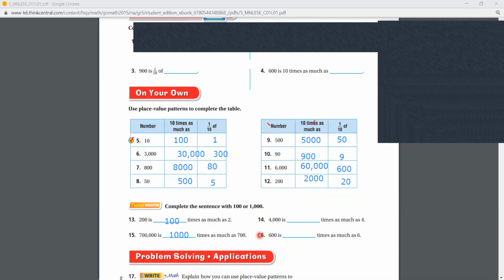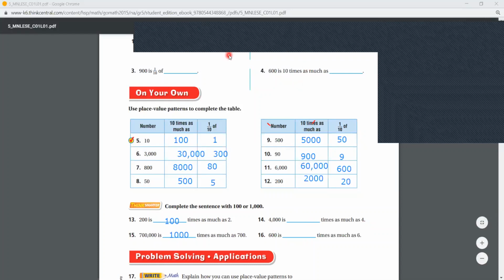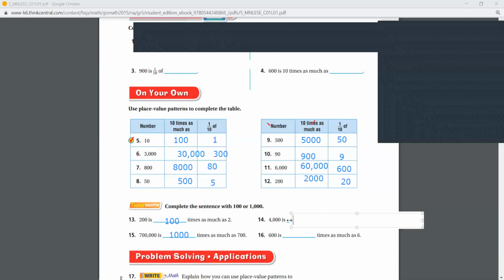Yes. Now, how many zeros do you need to multiply with 4 to get 4,000? 1,000. Very good. To get 600, how many do you multiply with 6? 100.